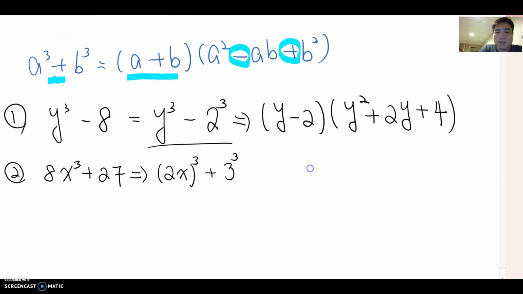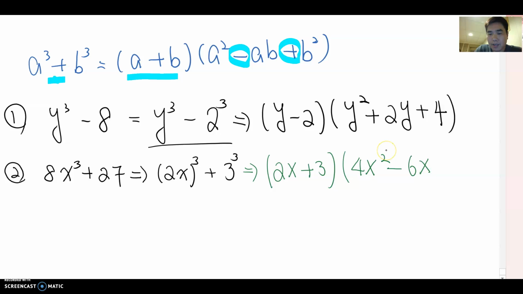Then this one looks like this form here now. Therefore, I'm going to follow that. So factoring becomes 2x plus 3, and then the second term, 2x squared, which is 4x squared. Now this starts from plus, so this term must be minus, and 2x times 3 becomes 6x, and then 3 squared, so it becomes 9. That will be the answer for this problem.